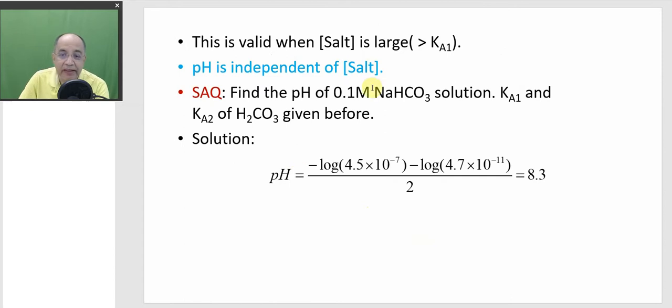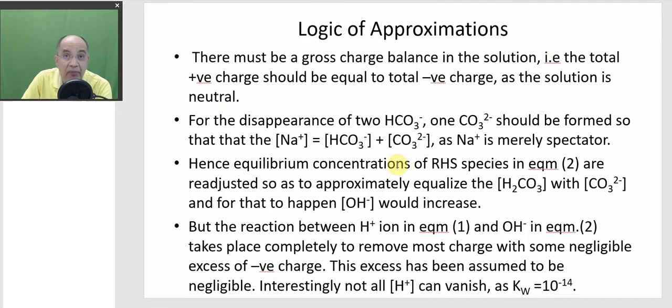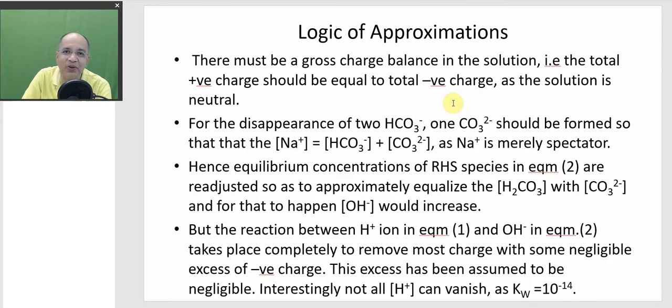Now this approximation is valid when salt concentration is not small, it is larger than at least Ka1. Carbonic acid is so weak that Ka1 is also small, it's not like sulfuric acid.